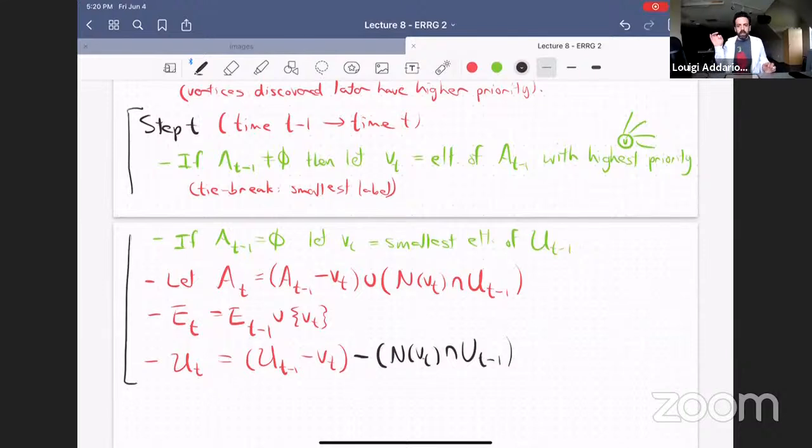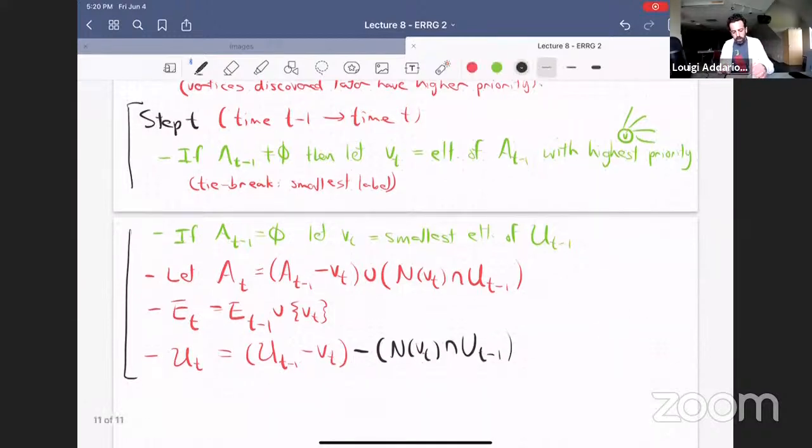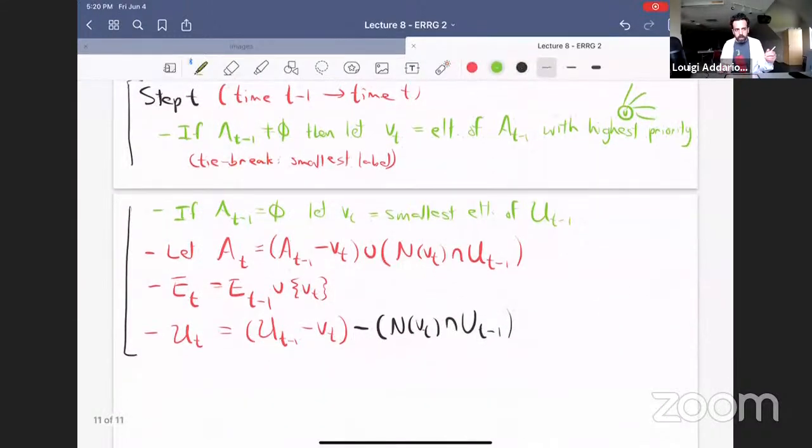I pick a vertex according to the priority rule. If there are no vertices already active, then I just choose the smallest unexplored vertex to explore. I reveal its previously unexplored neighbors. They become active, and that vertex becomes explored. This process always has the property that, because these three sets form a partition, their sizes always add to n.